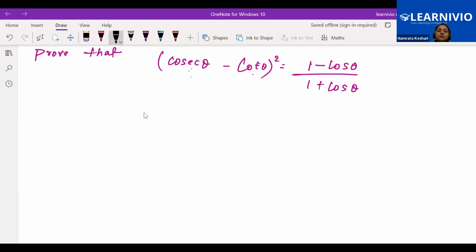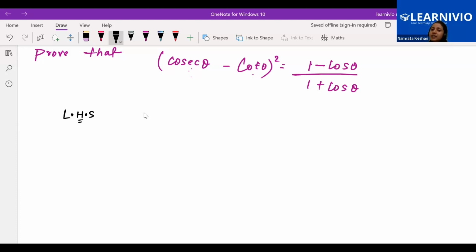Let's check it. If we will be taking left hand side, see, I am showing you the approach. I'm not showing you how we'll be solving it quickly, or that this is the only way you have to solve it. I'm showing you the approach, that how you will approach any question.